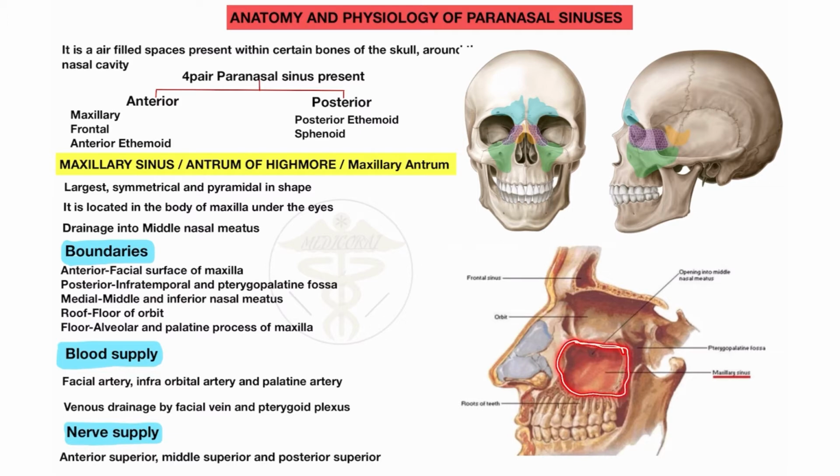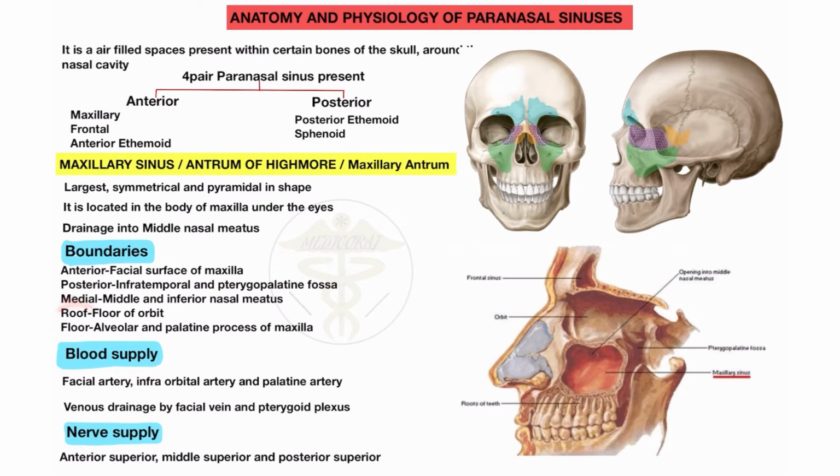This is the maxillary paranasal sinus, the largest sinus. So the infratemporal fossa and the pterygopalatine fossa form the posterior boundary of the maxillary sinus.